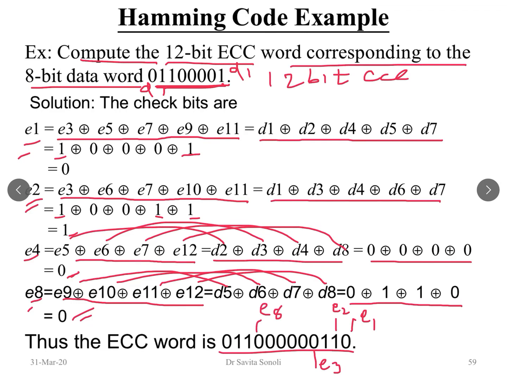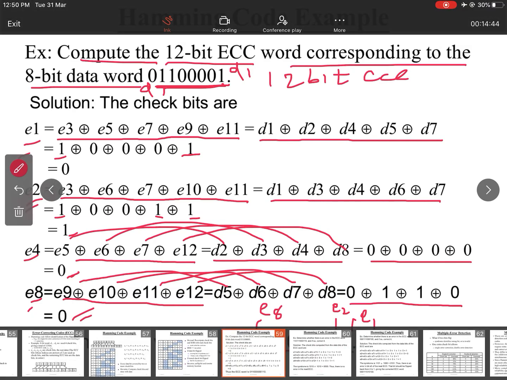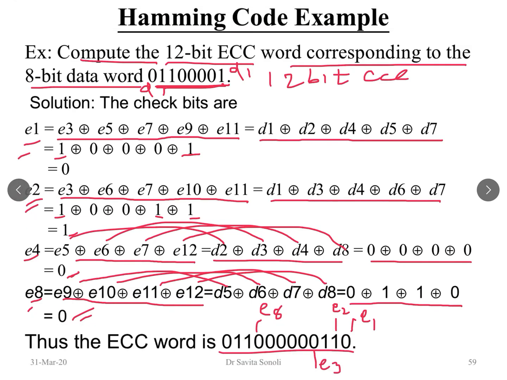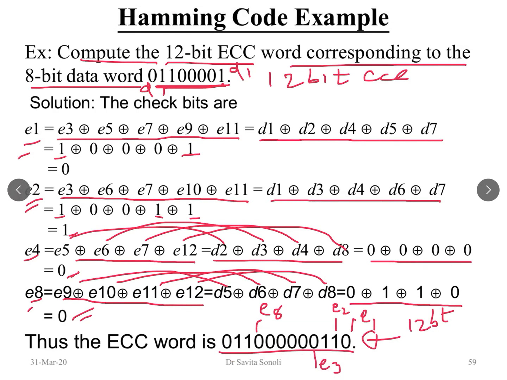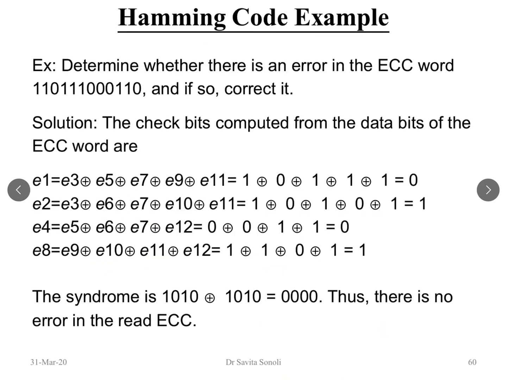The remaining bits, all these remaining bits will be the data bits. Thus we have computed the 12-bit ECC. Hope you have understood the problem. You are going to practice this once again. Now, we will see the other problem.